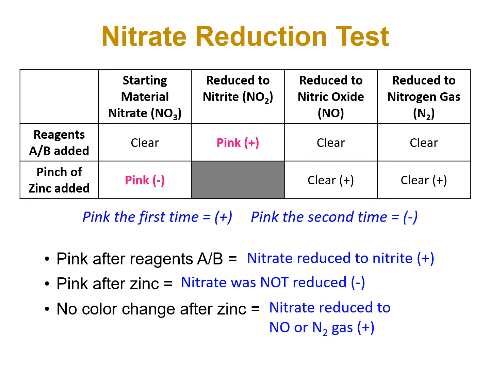Now, if you add zinc and you don't get any color change, that means it is a positive result and the nitrate was reduced all the way to either nitrogen oxide or nitrogen gas.